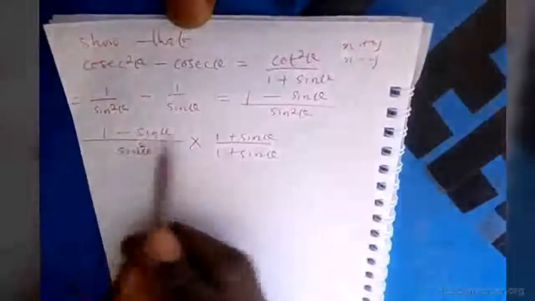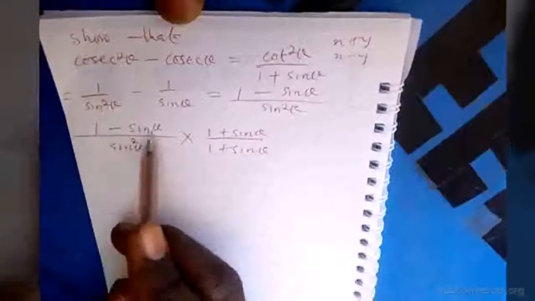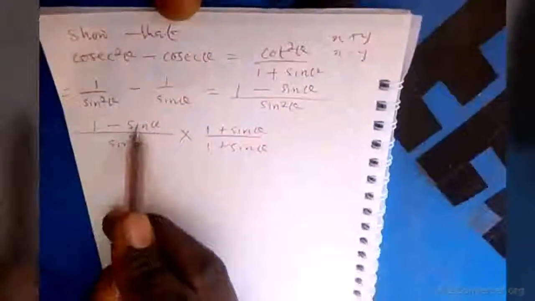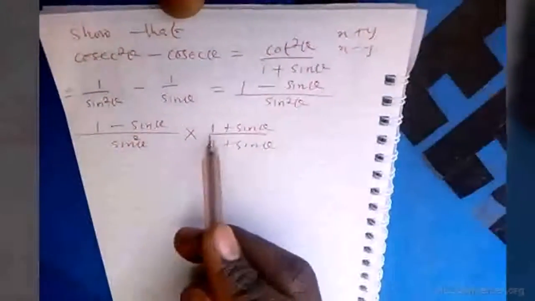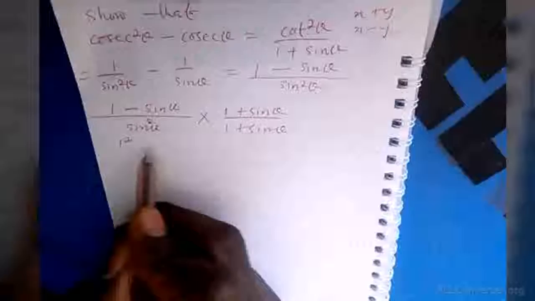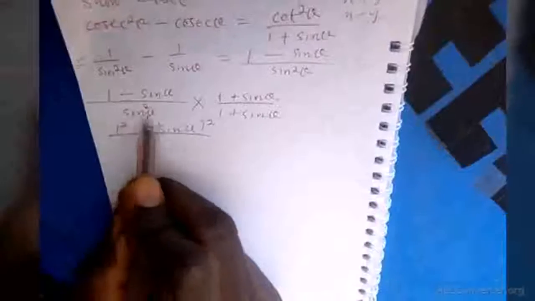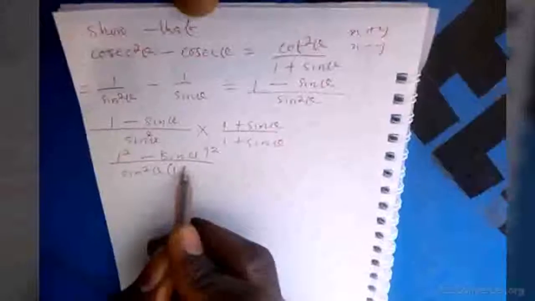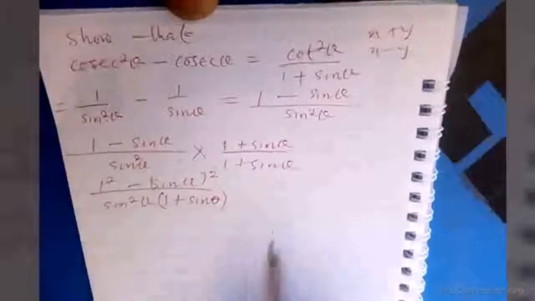Any term multiplied by its conjugate becomes a difference of two squares. 1 minus sin theta times 1 plus sin theta: 1 plus sin theta is the conjugate of 1 minus sin theta, and vice versa. Therefore, we have 1 square minus sin theta whole square, all over sin square theta times 1 plus sin theta.